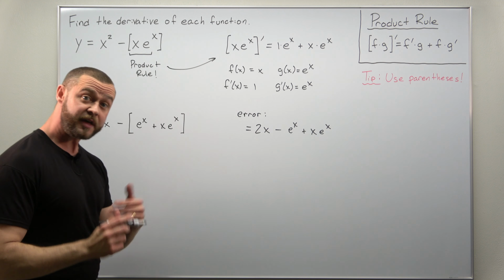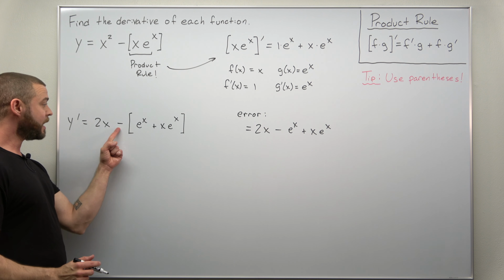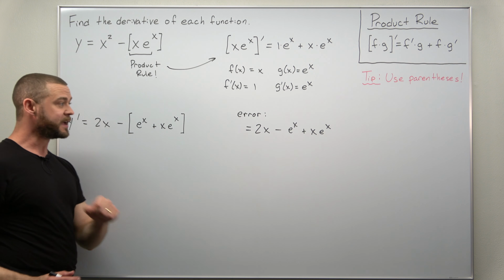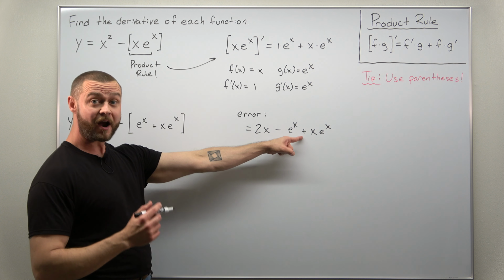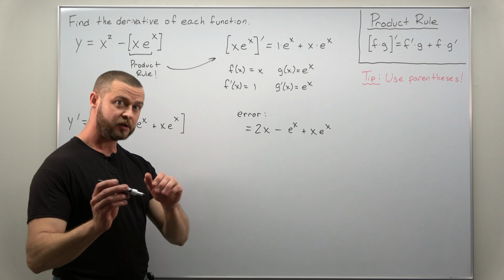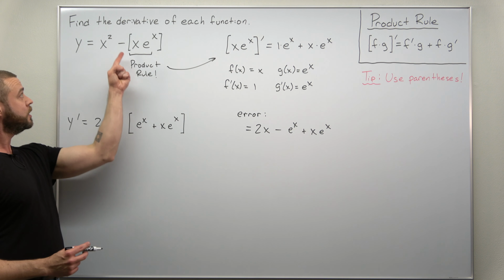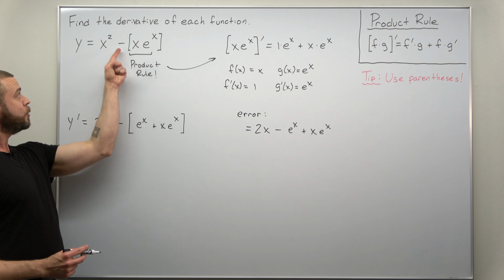All right, and do you see the error here? Notice this minus will distribute inside there and make that term negative, whereas the common error here has a plus. So just make sure you're aware of that, especially when you're combining the product rule with some subtractions. Parentheses will always fix that.